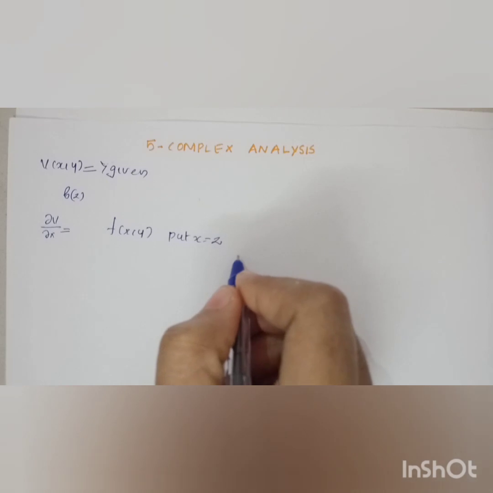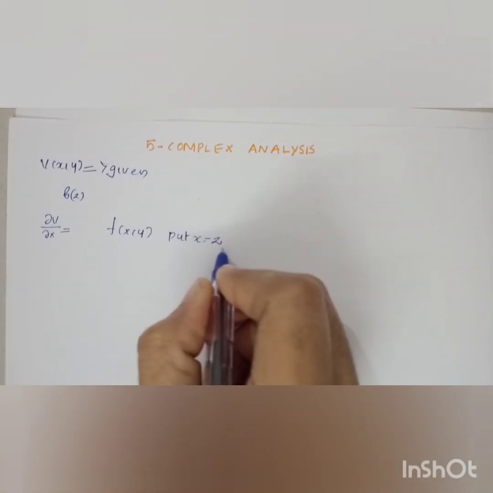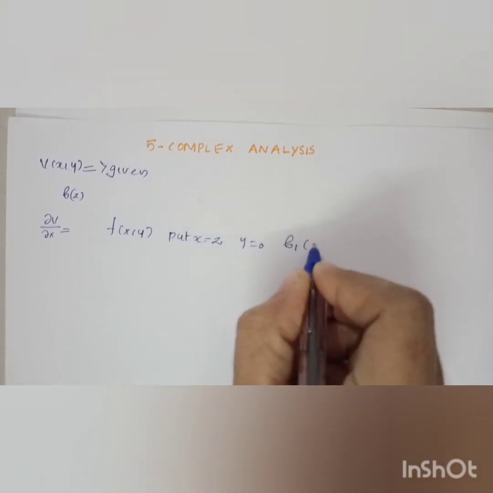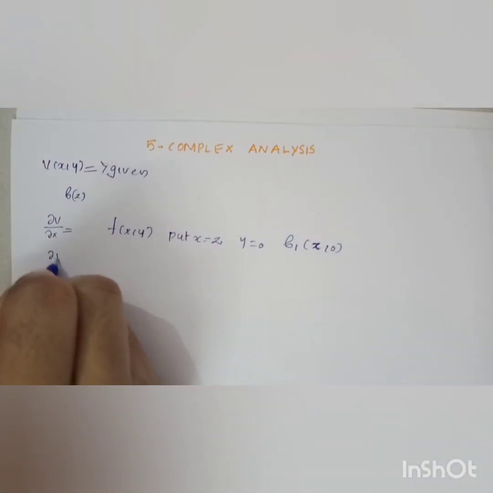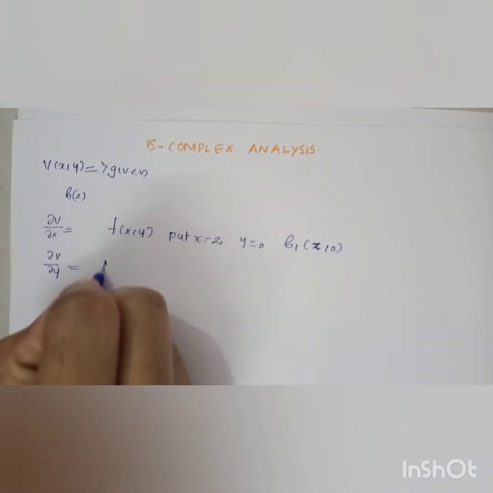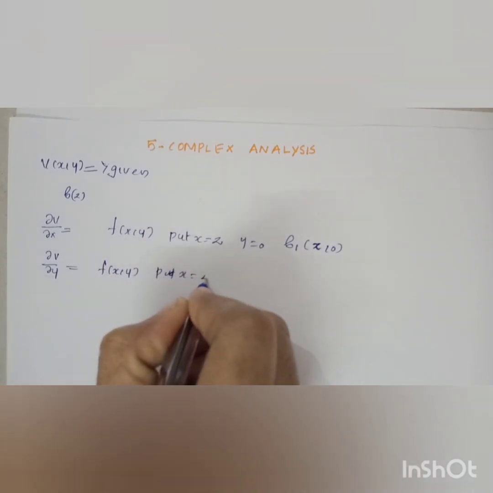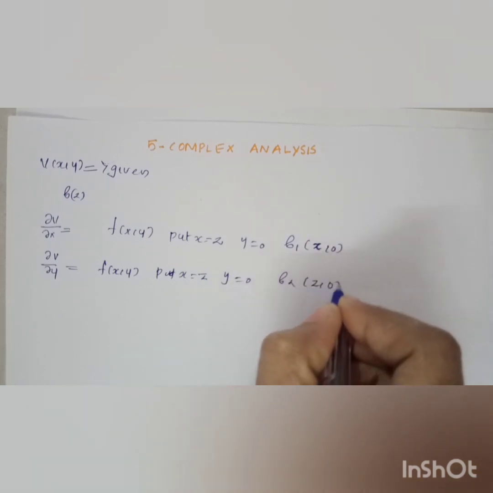Similar to the previous concept, put x equal to z and y equal to 0, giving f1 of z comma 0. Then dou v by dou y is also a function of x comma y; put x equal to z and y equal to 0, so f2 of z comma 0.